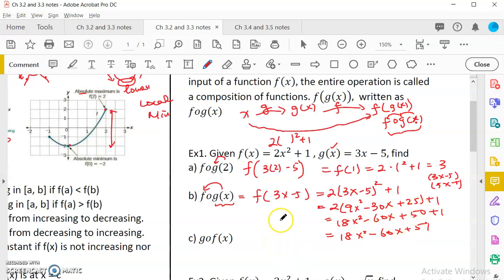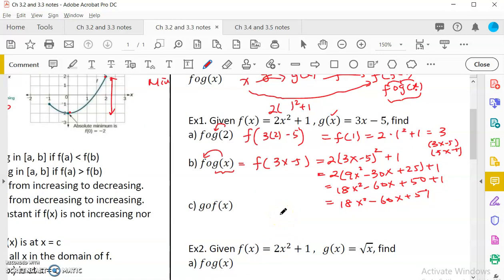What about g of f of x? This means that I'm going to put x into f, so I have f of x. This is the formula. I'm going to put the formula into g. So let's look at the g function, which is 3 something minus 5, right? So what is my plug-in? It's g of f of x. What is f of x? f of x is 2x squared plus 1.